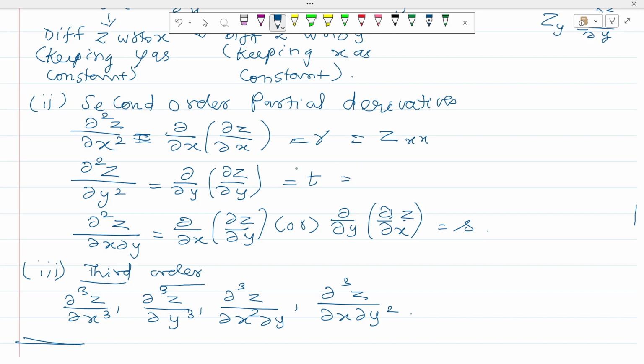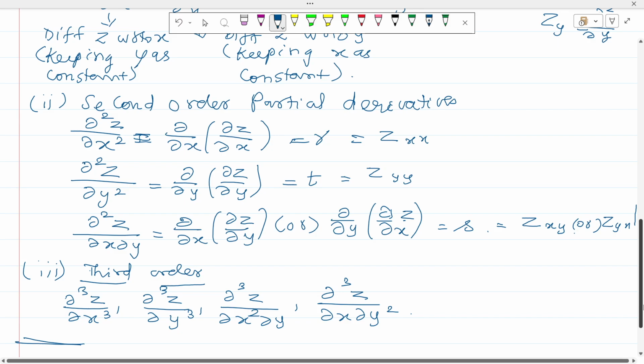Then dou square z by dou y square can be written as z suffix yy, and dou square z by dou x dou y can be written as z suffix xy. That means you are differentiating z with respect to x, then with respect to y, or z yx, both are same.